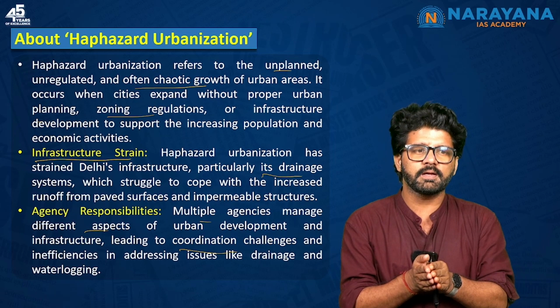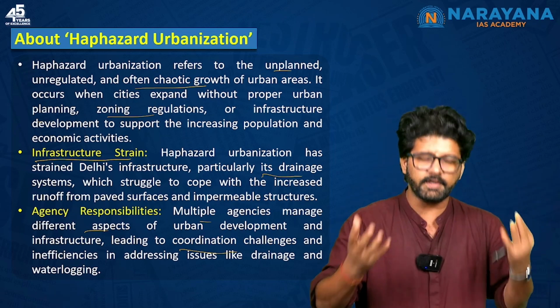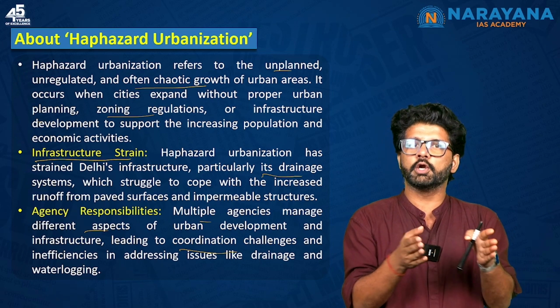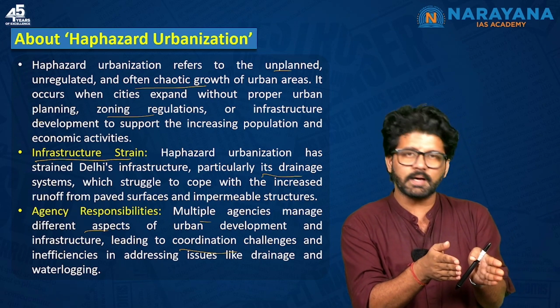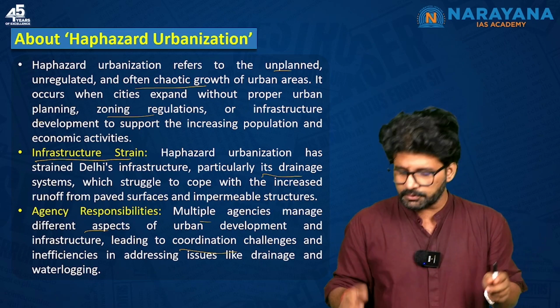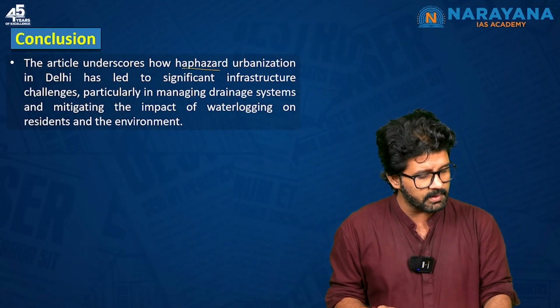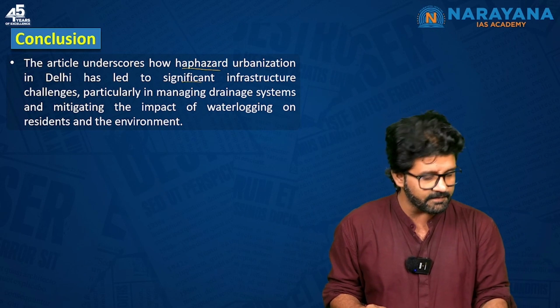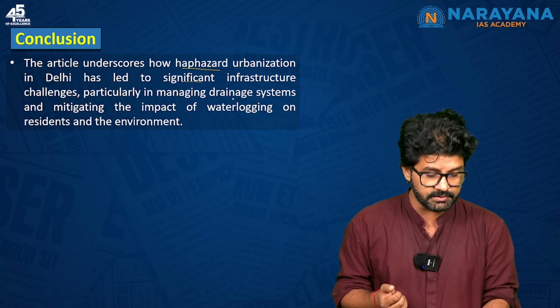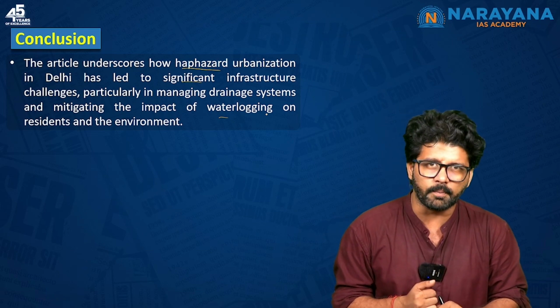Compensatory afforestation is a very noble initiative, but you have to see to which extent, via compensatory afforestation, you are allowing deforestation. There are so many things to cater to here. Conclusion: the article underscores how haphazard urbanization in Delhi has led to significant infrastructure challenges, particularly in managing the drainage system and mitigating the impact of waterlogging on residents and the environment, right?